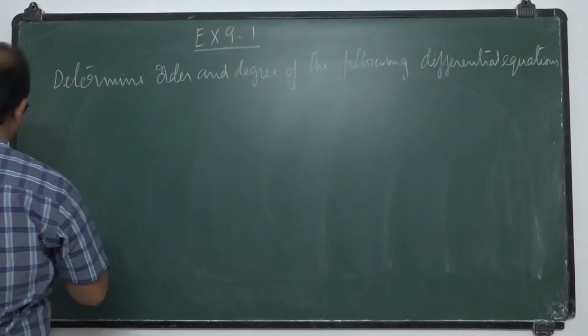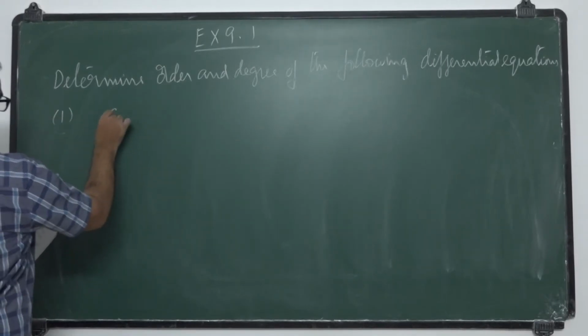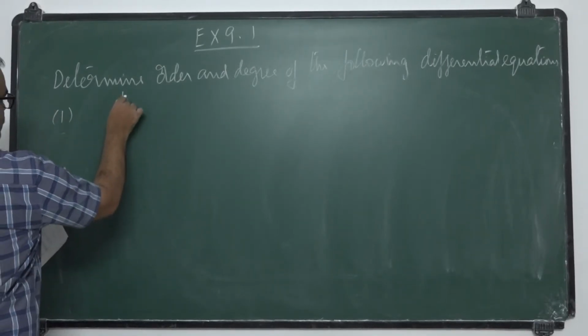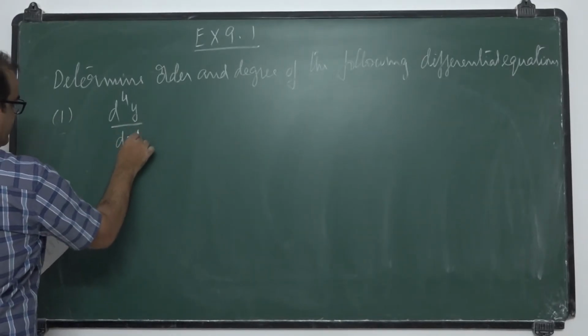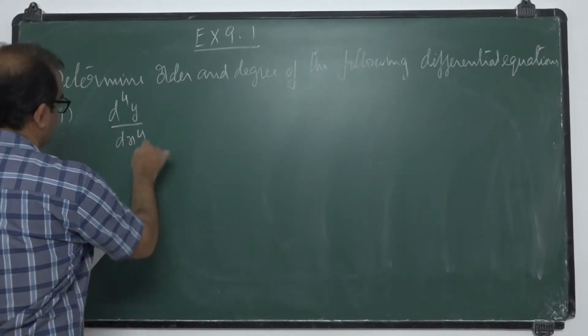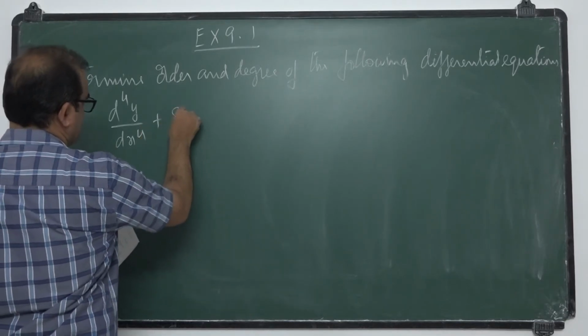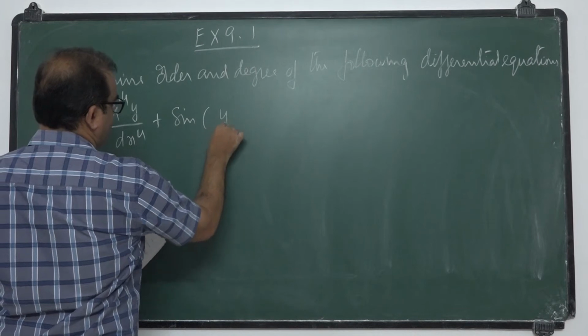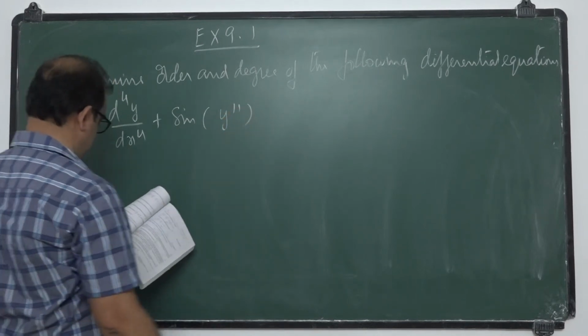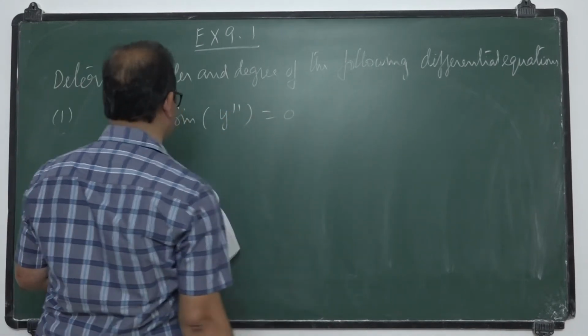Write the first problem. d power 4 y by dx power 4 plus sine of y double dash is equal to 0.